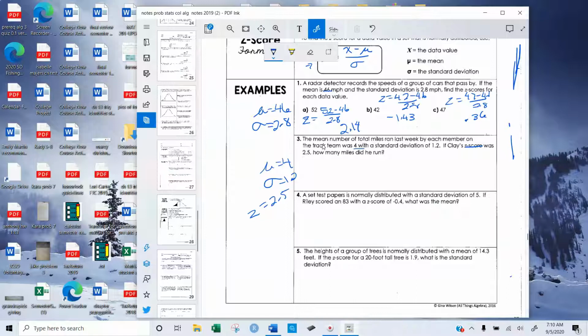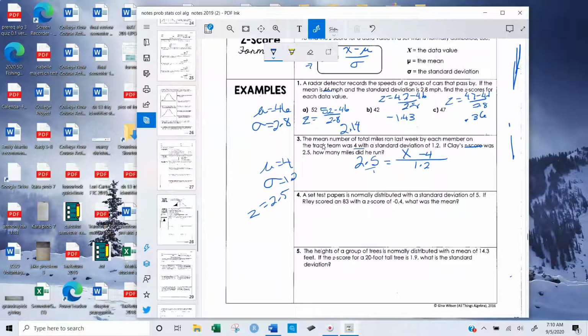So when you plug this in, 2.5, because that's your z-score, is equal to how far he actually ran, x, minus 4 divided by 1.2. I'm hoping you remember how to solve, so you need a common denominator.